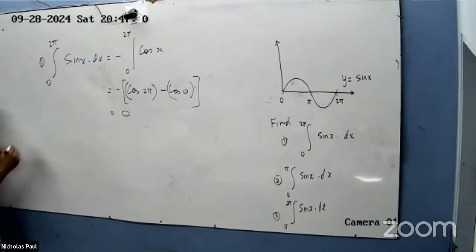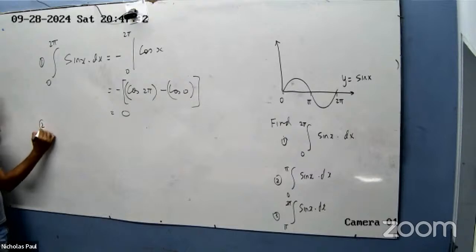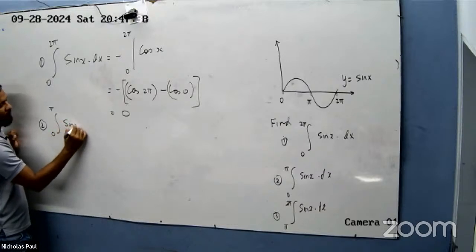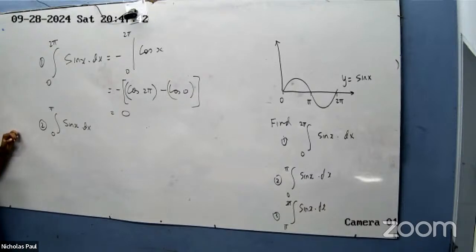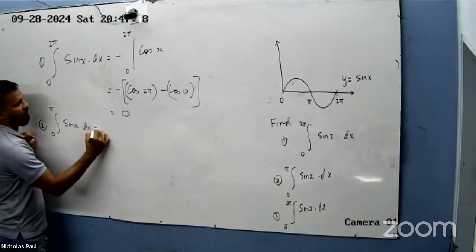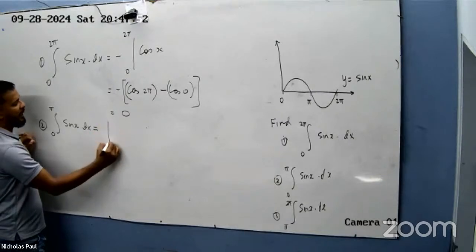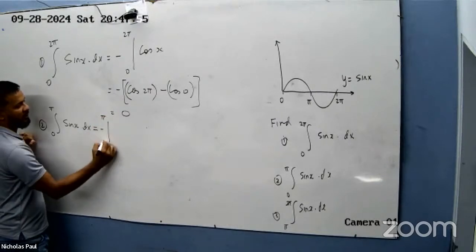Okay, I want you to go ahead now and do the same thing using these values. Here's 2. Between 0 and pi is 2. So now you get minus cos x between pi and 0.